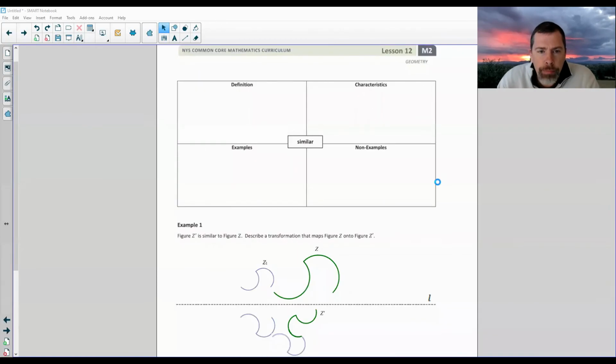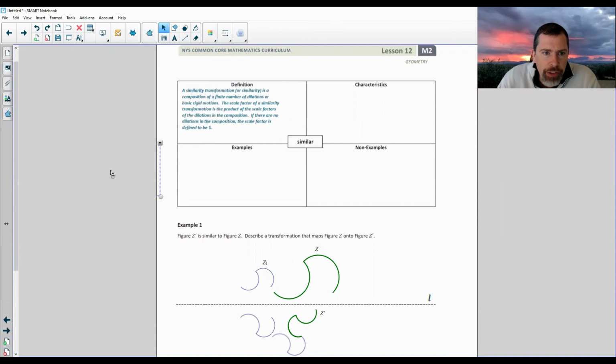Page 2 brings us to an example and a table of information. So I'm just going to give you the fill-ins for this, and then we're going to move on. All right, so here we go. Definition.